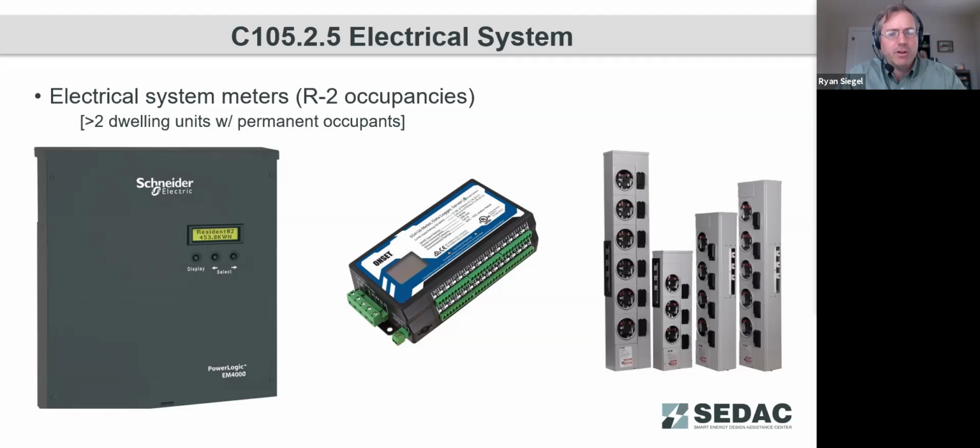There are many different devices. There's a couple shown here where it's consolidated into a single device, and a single device here could track as many as 30 or even possibly more dwelling units using a single metering device and a set of CTs.